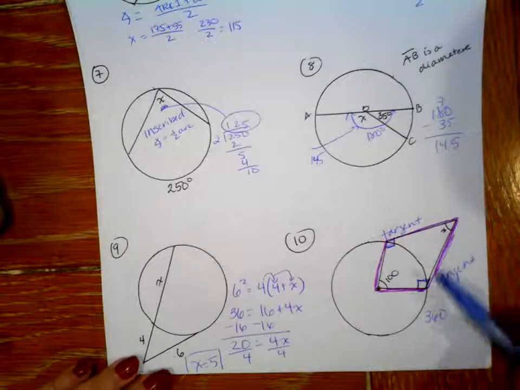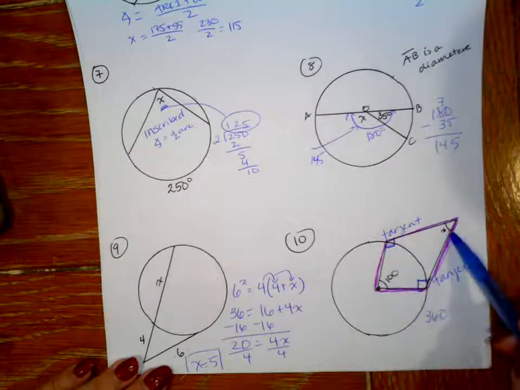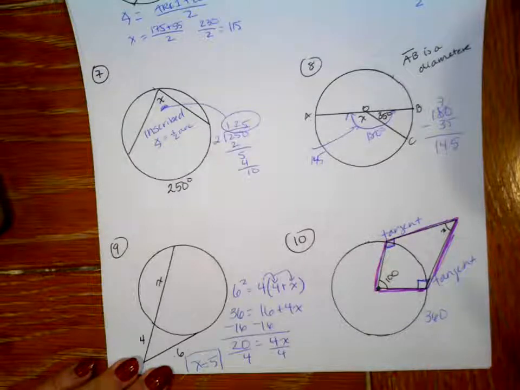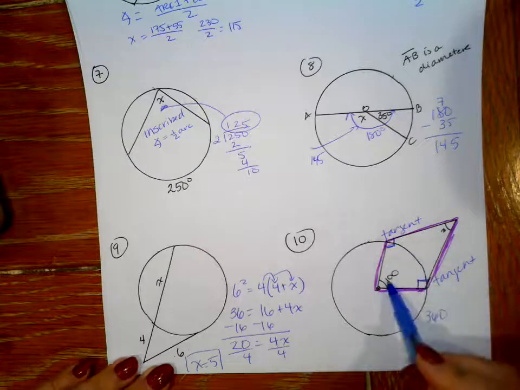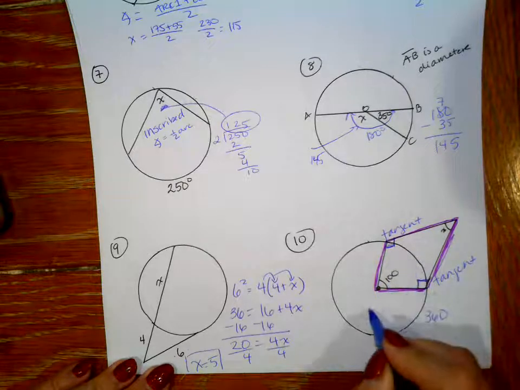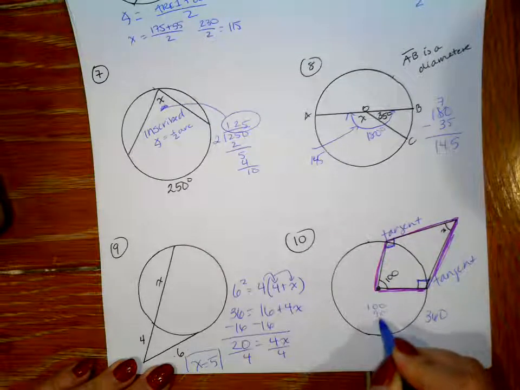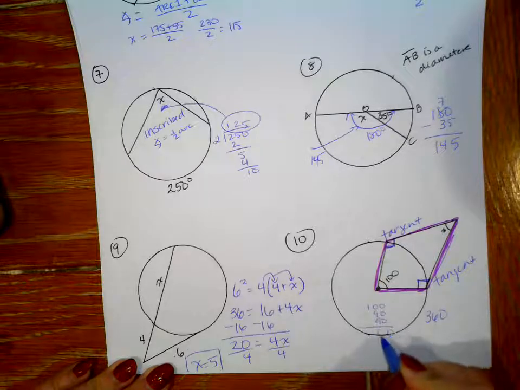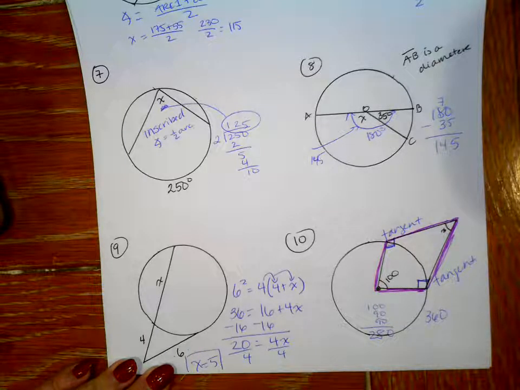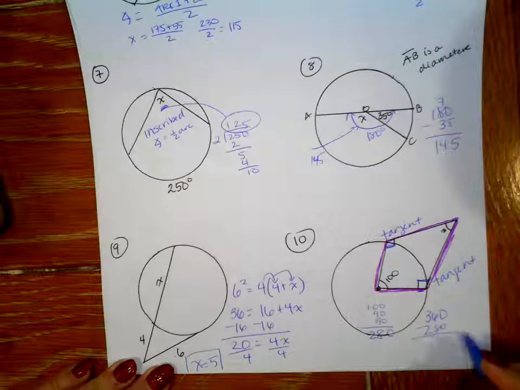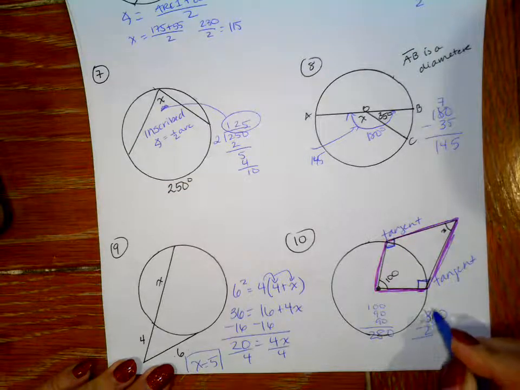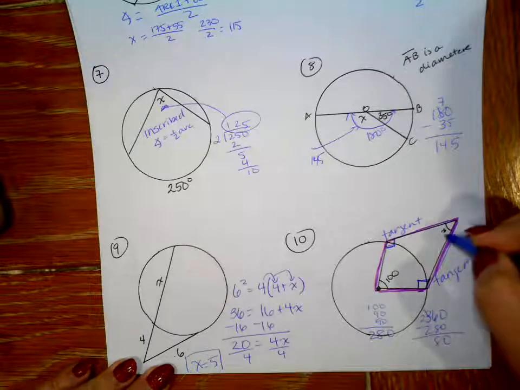So now I can just add up all my angles and subtract from 360. So I've got 100, 90, and 90, which gets me 280. I'm looking for this guy. He's the leftover. So let's subtract. And I've got 80. So this guy right here is 80.